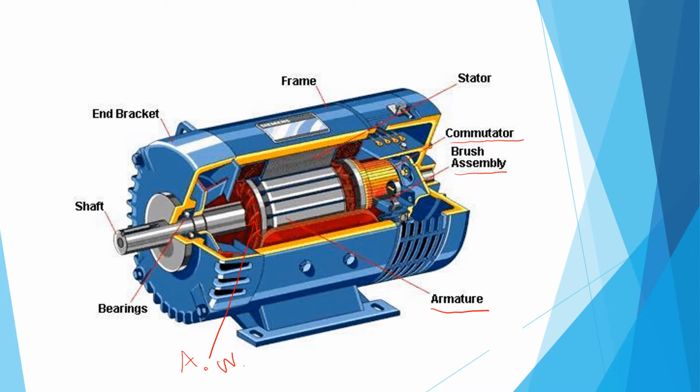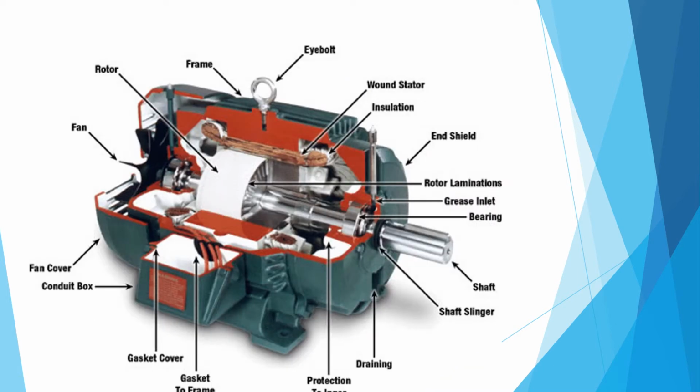This is your outer frame, bearings. You can see many parts in this particular image: gasket cover, gasket to frame, shaft slinger, bearing, rotor laminations. This one is the rotor laminations.